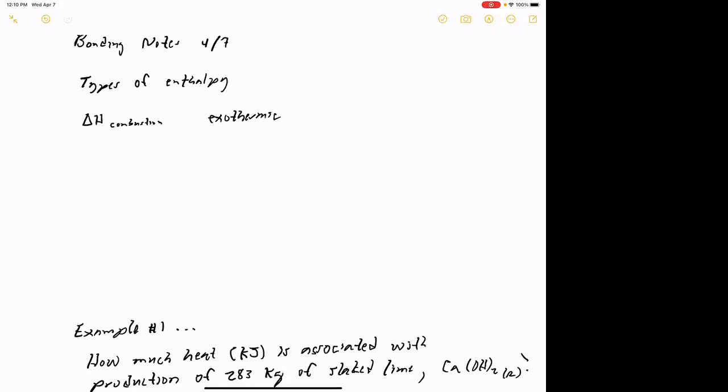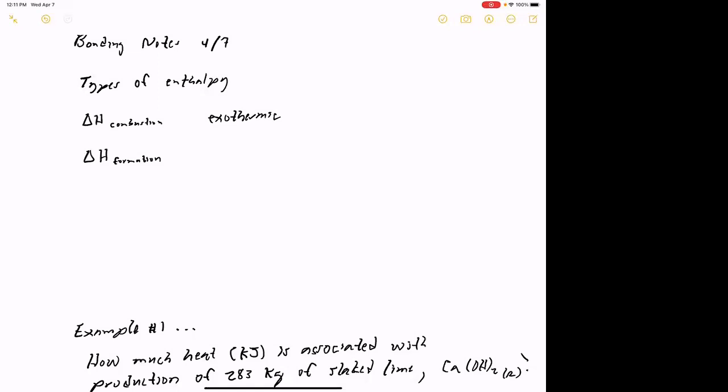Another really important one that we're going to run into is a delta H of formation, which I think we also mentioned in the video. This is one that's going to tie into the next topic that we'll deal with in much more detail on Friday, which I think is going to be Hess's law of heat summations. Delta H of formation is essentially an enthalpy associated with the formation of 1 mole of a compound from its individual elements as we find them under thermodynamic standard state conditions.